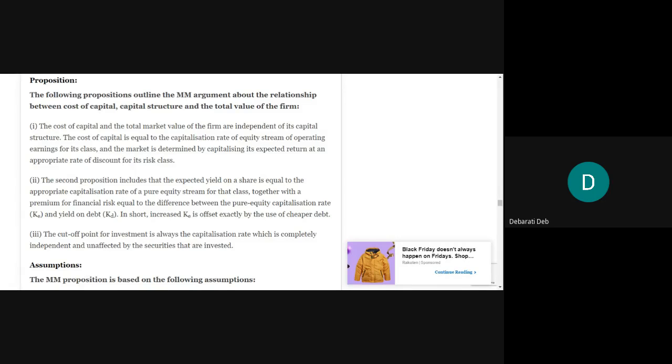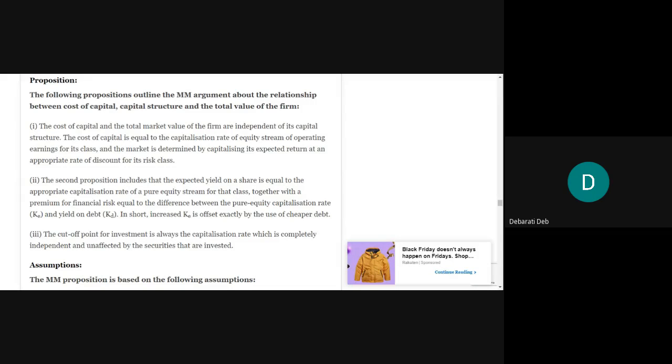The cost of capital is equal to the capitalization rate of the equity stream of operating earnings for its class, and the market value is determined by capitalizing its expected return at an appropriate rate of discount for its risk class.